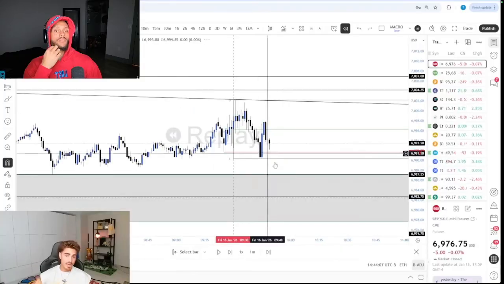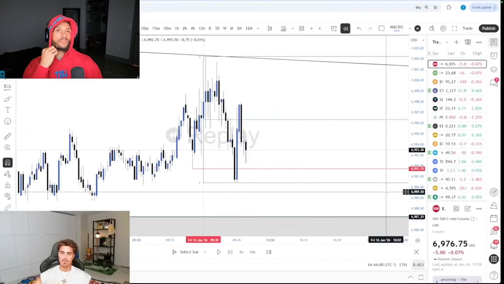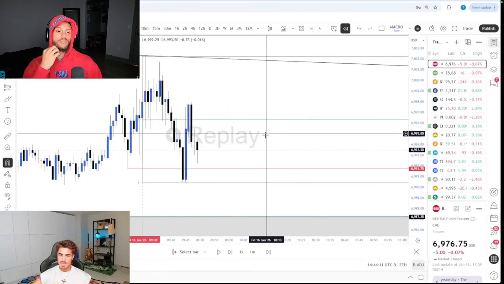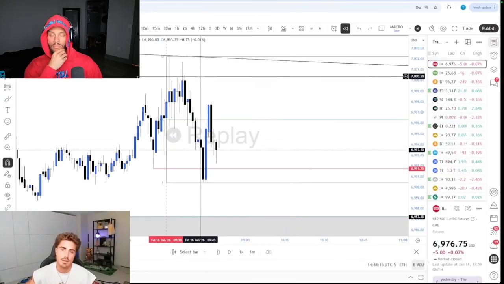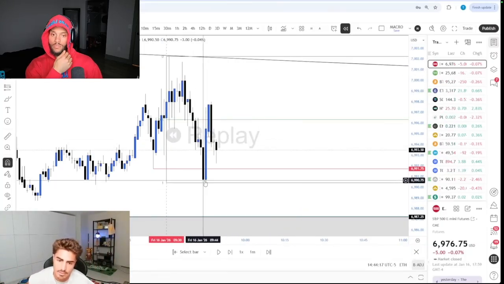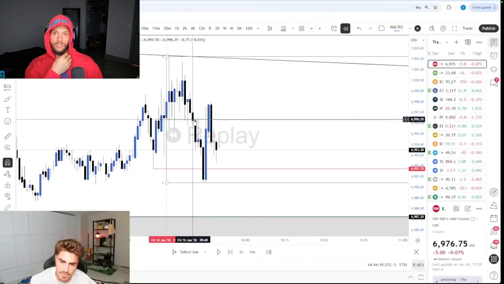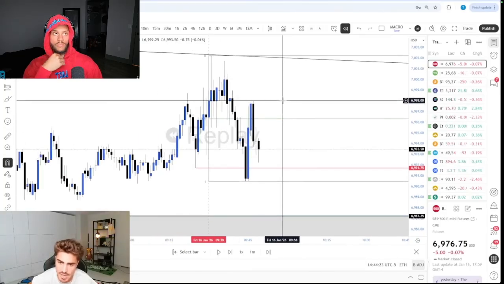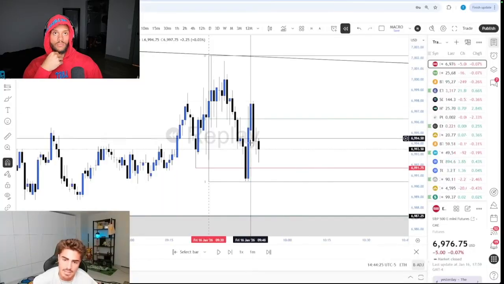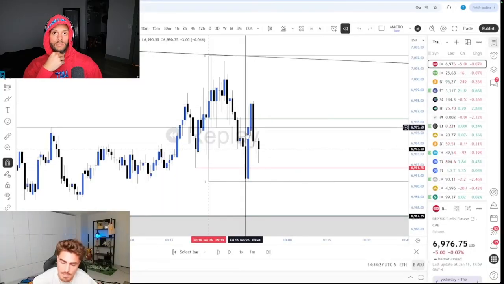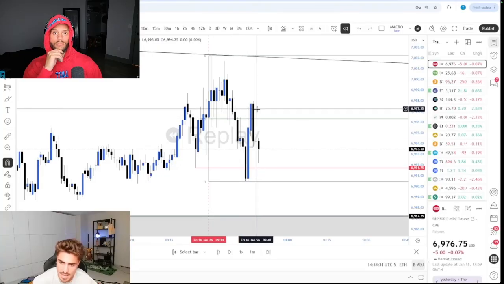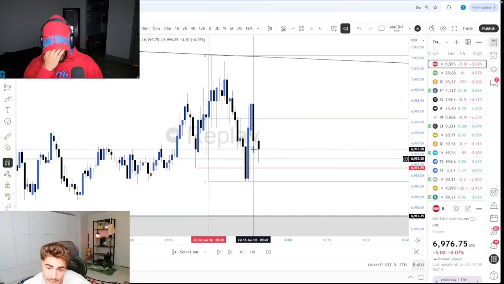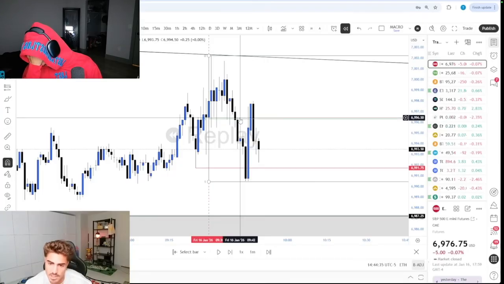Or you can do what I do and what the majority of other people do, which is scale down to the 1 minute time frame and look and see, okay, we came down and we came up, we filled the continuation confluence, whether it was equilibrium or a fair value gap. And then typically on these 5 minute retraces up, we are going to break 1 minute structure back to the upside, either via an inverse fair value gap or through a break of structure.